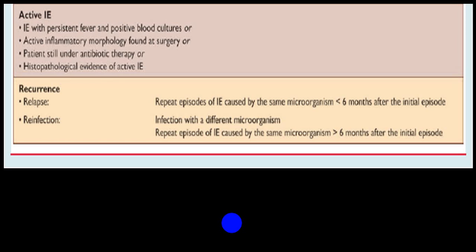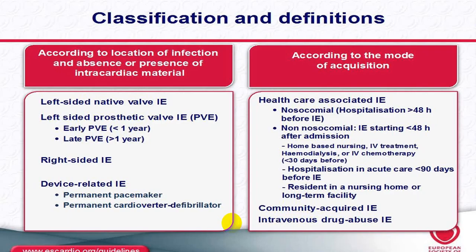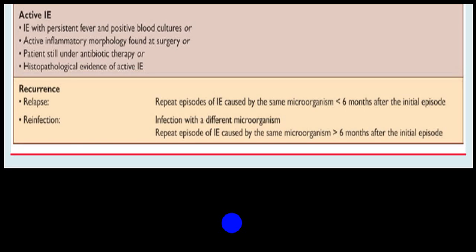While reinfection means infection with a different microorganism, or a repeat episode caused by the same organism, but time taken is more than 6 months after the initial episode. Then it was called a reinfection. So these were the three terms: active, and in recurrence, relapse and reinfection.